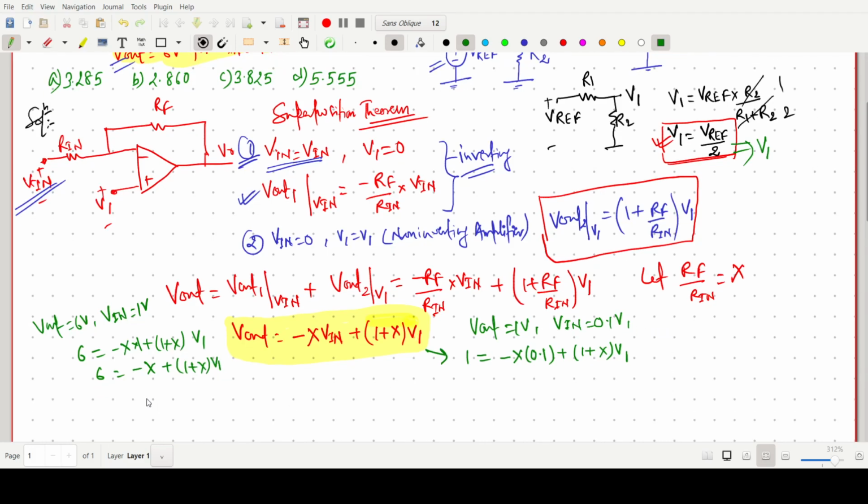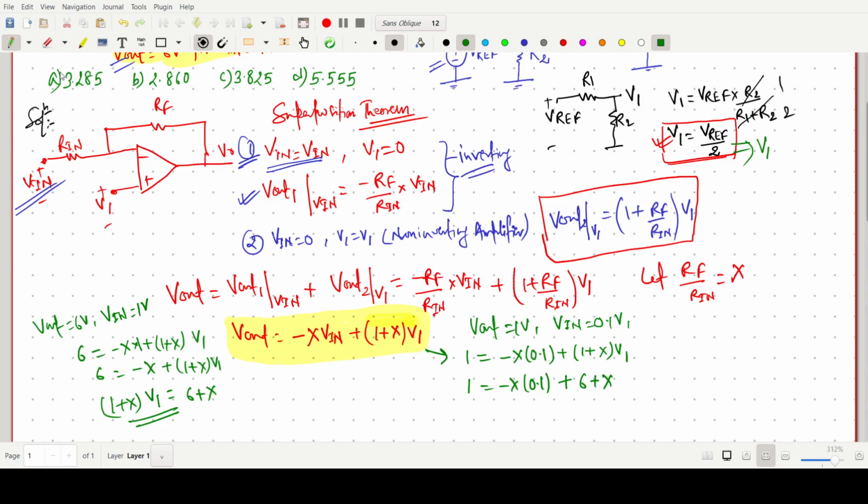We have to find the value of X. From any equation, 1 plus X times V1 is simply 0.1 plus 6 plus X.